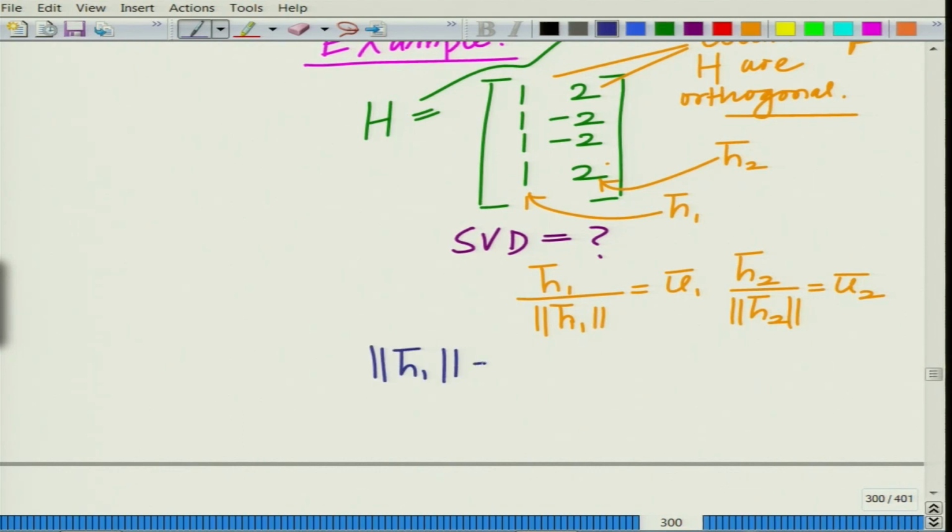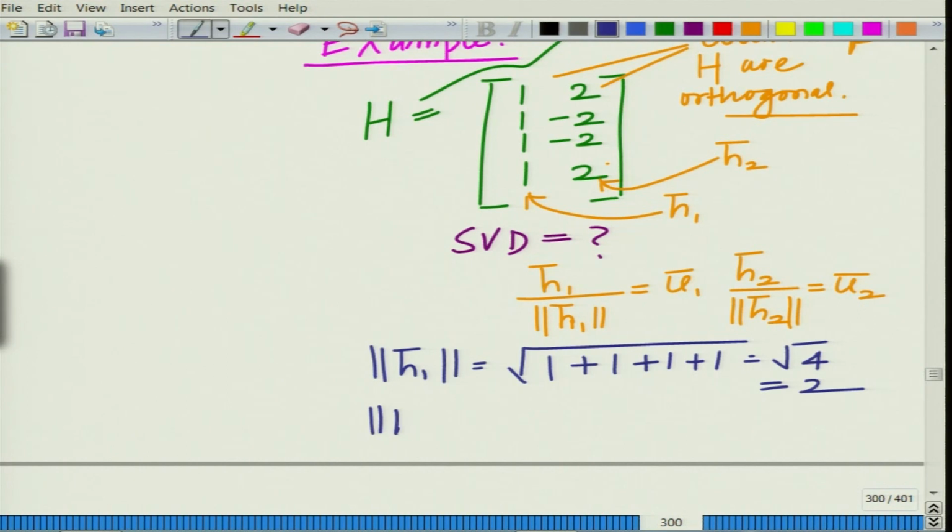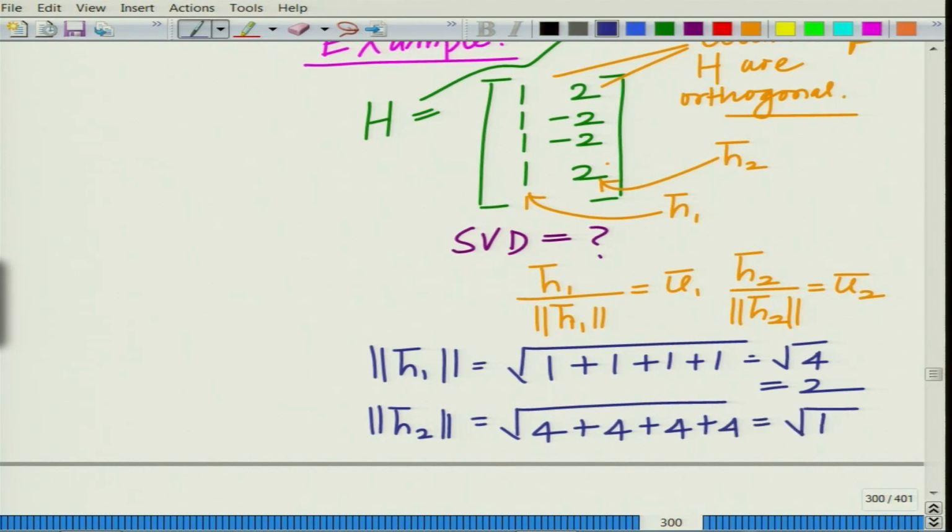It is the square root of 1 plus 1 plus 1 plus 1, equal to the square root of 4, equal to 2. Similarly, the norm of H2 bar is the square root of 2 square plus 2 square plus 2 square plus 2 square, which is 4 plus 4 plus 4 plus 4, equal to the square root of 16, which is 4.